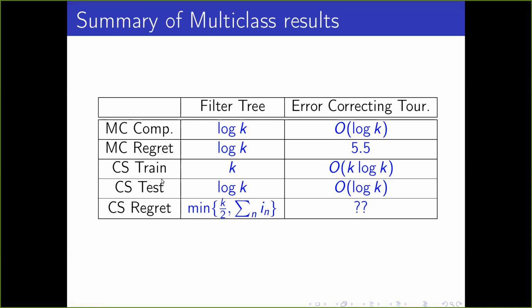With constant classification, the results are less impressive because the training time is linear in the number of classes. The test time remains logarithmic, and the constancy of regret is not as impressive in general for constant classification.